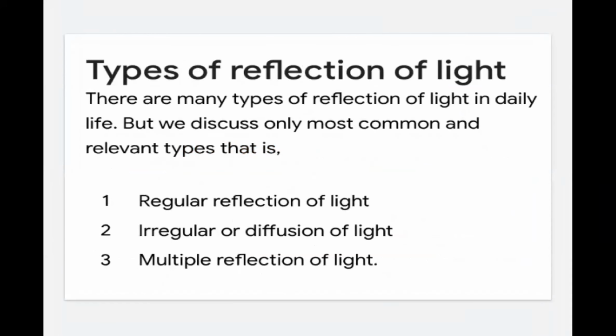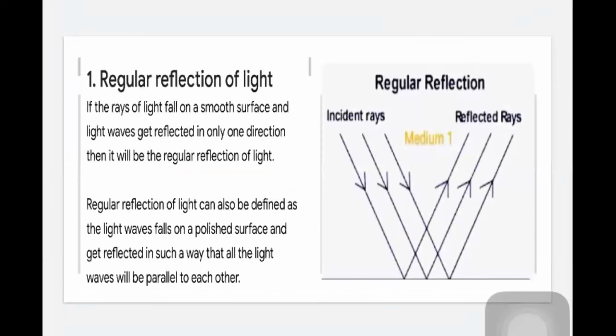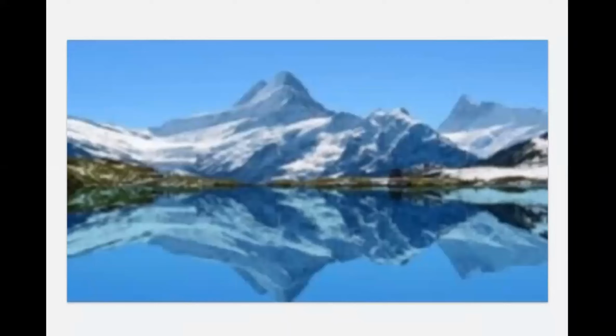Basically, there are three types of reflection of light: regular, irregular, and multiple reflection. In this slide, we saw an example of regular reflection. You can see the reflected rays of light are always parallel to each other. So you get a clear and well-defined image of an object in regular reflection.